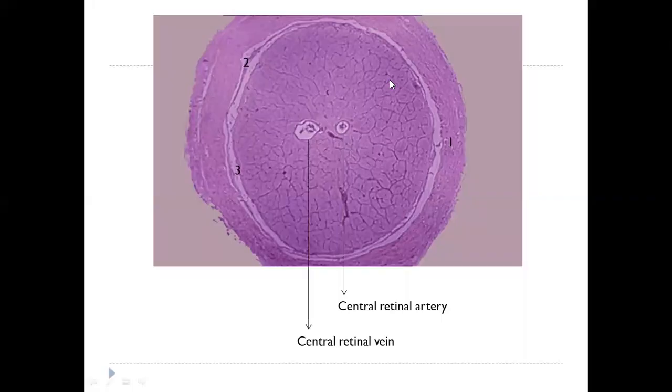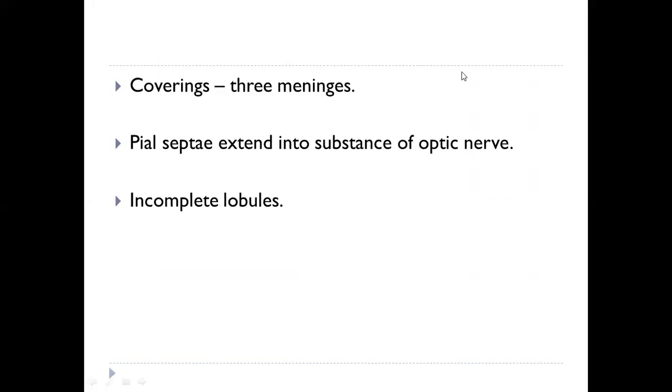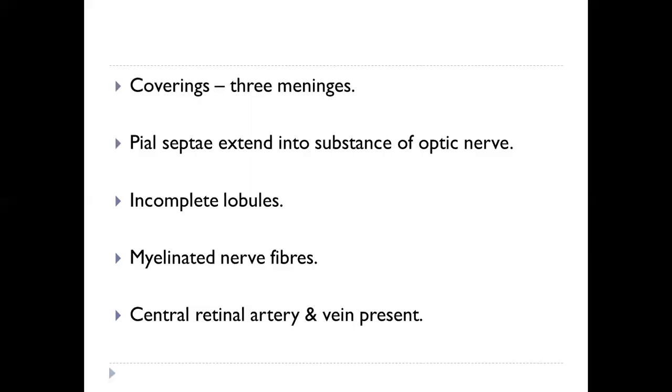And the presence of septa is in the optic nerve, whereas it is absent in the peripheral nerve. Yes, very good, Nitin. So please try to learn this today itself, class.